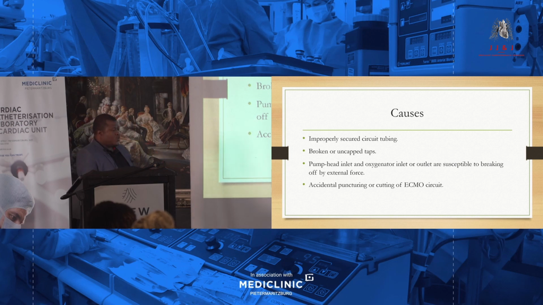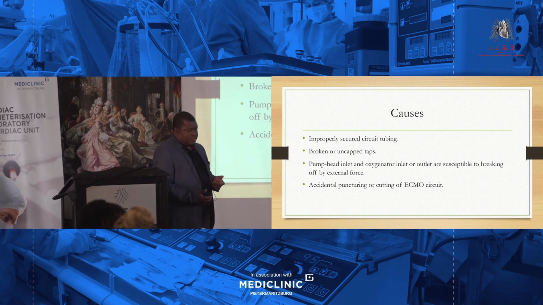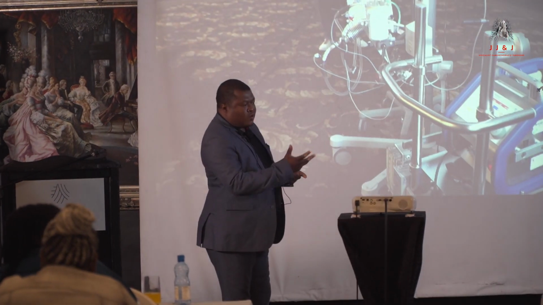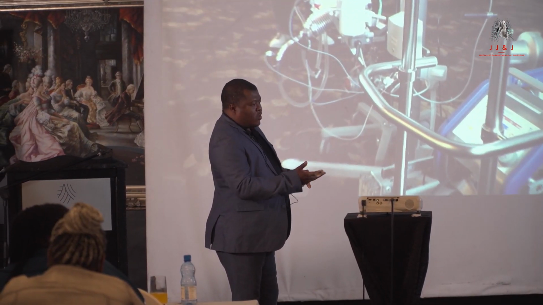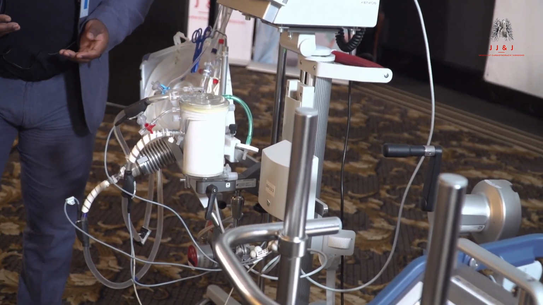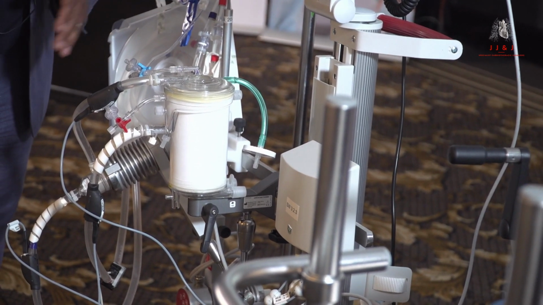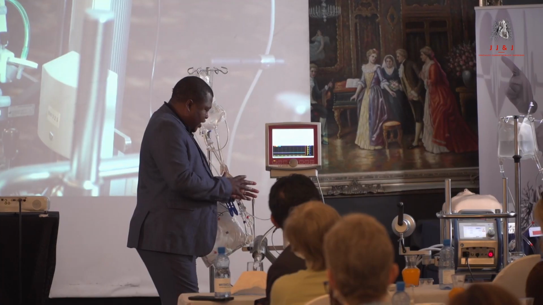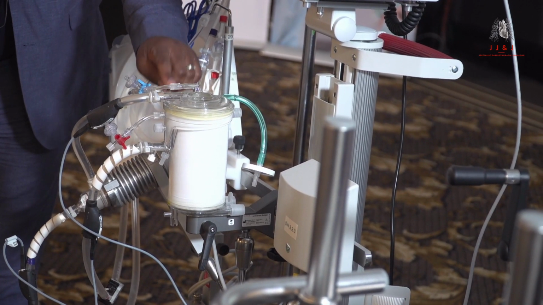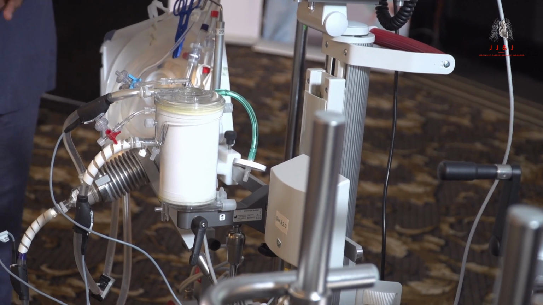So that's why it's important when you connect the cannula to the circuit itself, you put cable ties. And then broken taps could be the cause as well. It's either an open tap that you can close, or sometimes if you look at these oxygenators, as much as you look at them, you see, okay, they're fine. If you handle them roughly, you can break these connectors, which can cause a breach.